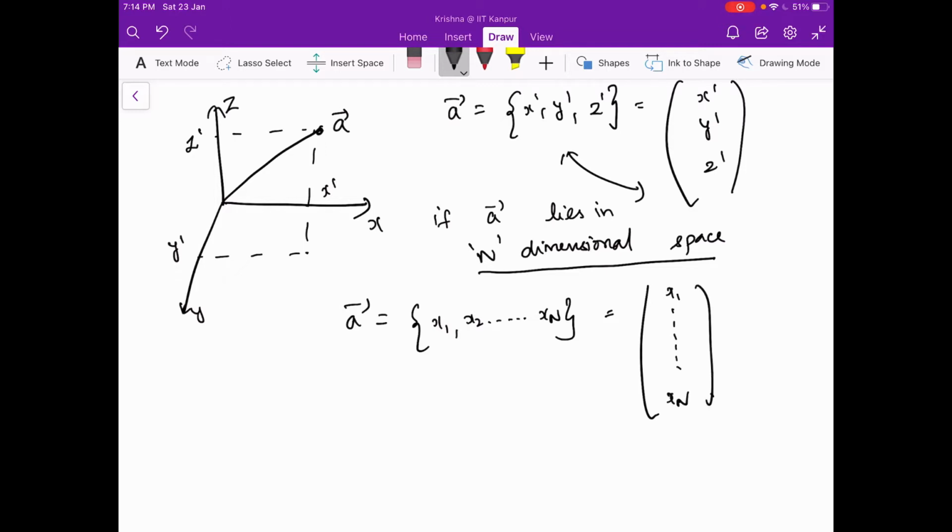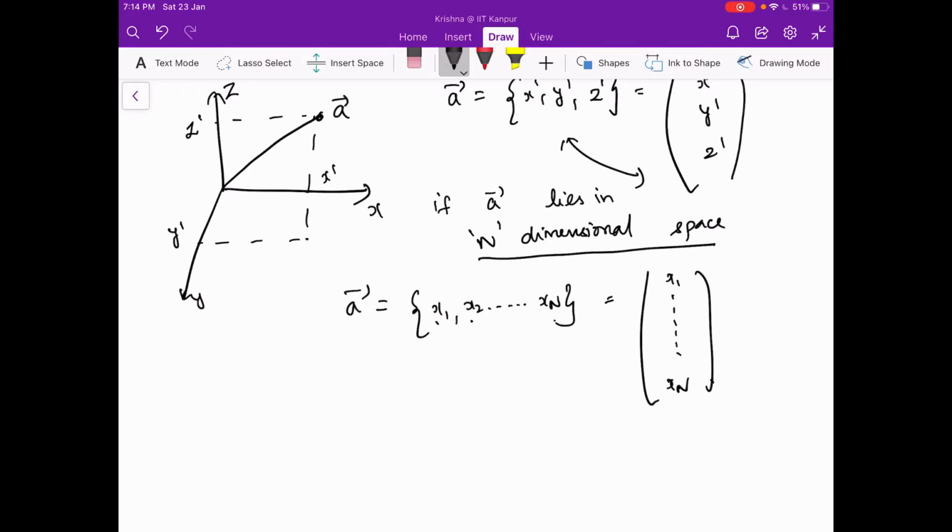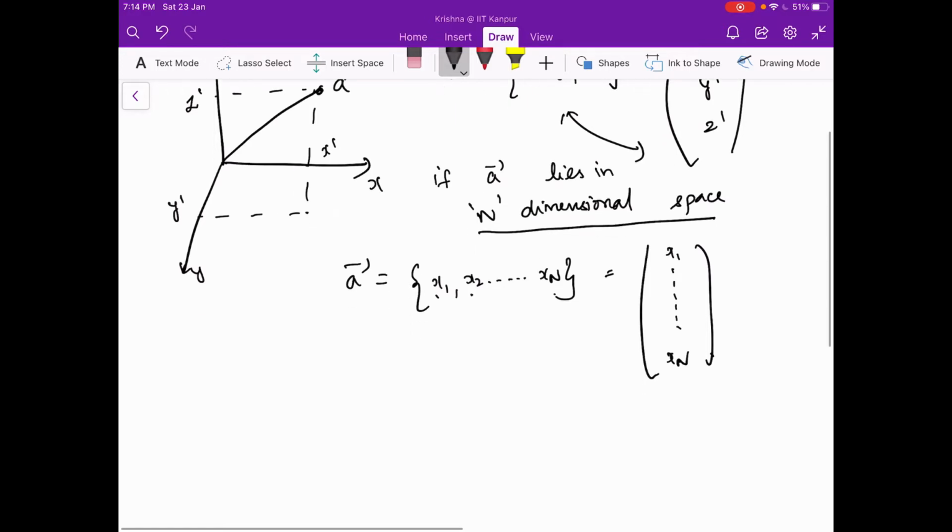In this, these numbers x1, x2, x3 are all intercepts along n normal vectors.